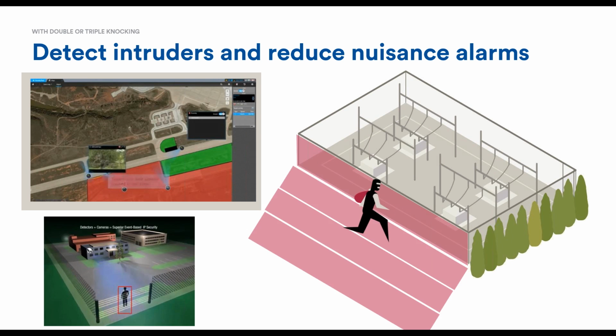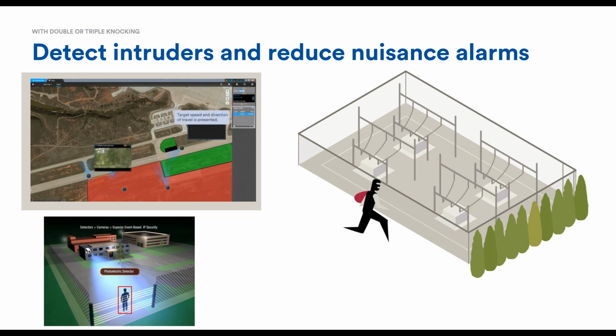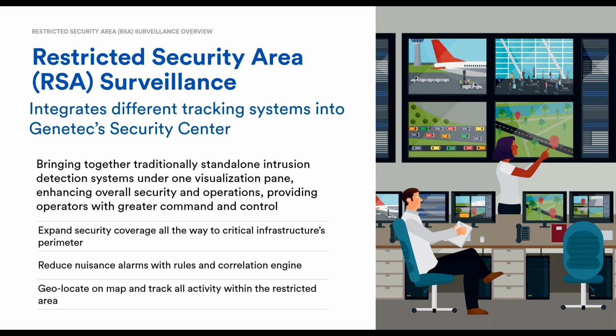So David, maybe you can explain how that's accomplished within RSA. Yep, thanks, John. So indeed, to put a name to it, within the Genetec portfolio and the Security Center application, there is one module that's actually responsible to aggregate and manage all those intrusion devices.